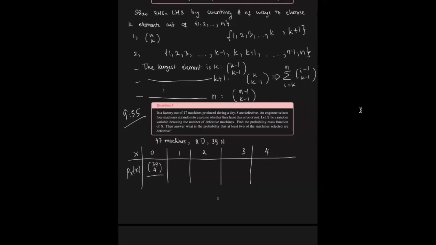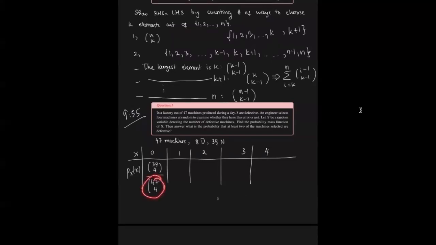X equal to 0 means that we have 0 defective items. So everything is non-defective. We just select 4 machines out of the 39 non-defective ones. Since we're interested in the probability, because we have to create a probability mass function, out of 47 machines, we will choose 4.